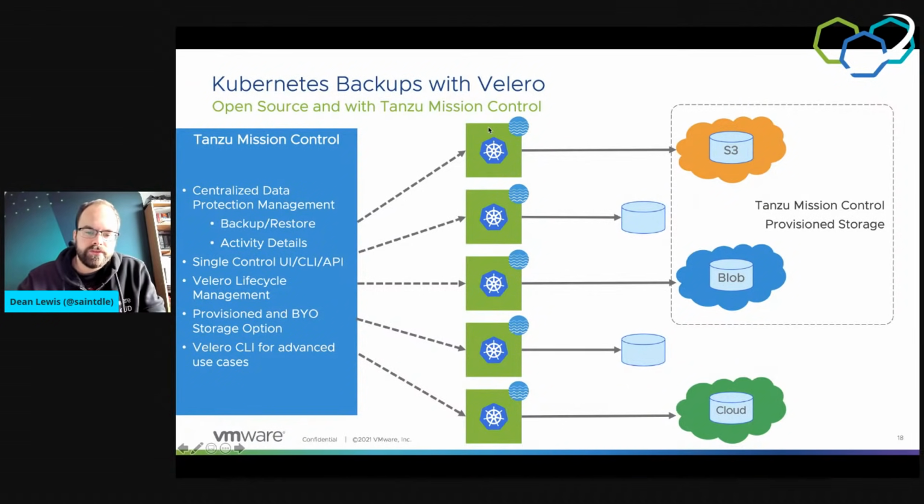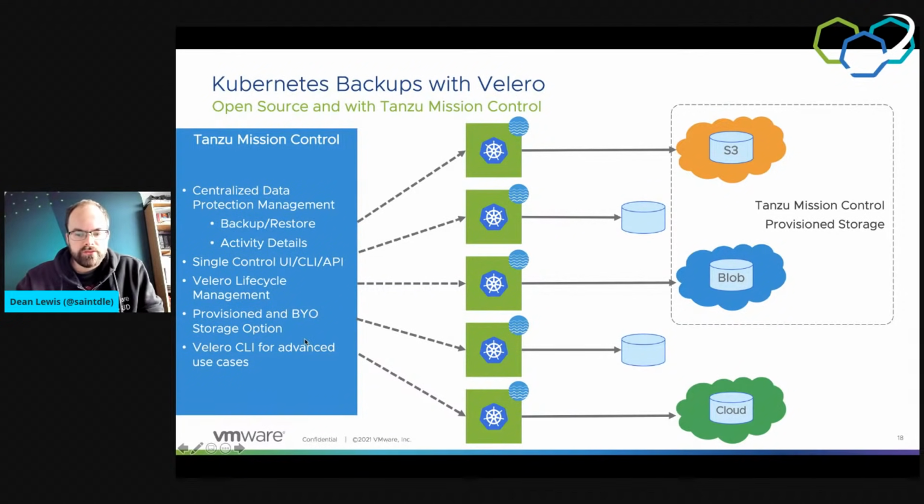So we have the ability then for each of our managed Kubernetes clusters, whether they're deployed by Tanzu Mission Control themselves, or whether we've brought our own vanilla Kubernetes environments, whether that be OpenShift, or bring-your-own Kubernetes running Ubuntu, for example, into the environment, to enable the data protection feature through the web UI, CLI, or API. That will then install Velero to that cluster for us. It will also perform the lifecycle management for that across all of these Kubernetes clusters as well.